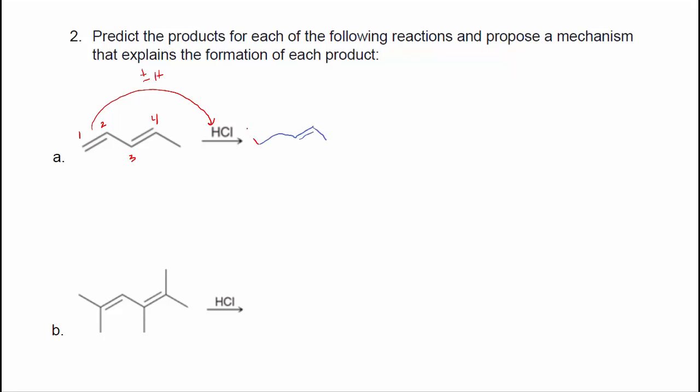Our hydrogen goes to the carbon with more hydrogens, we get a carbocation. So in one version, the Cl- that was formed can just attack that one. So we'll get our 1,2 product.